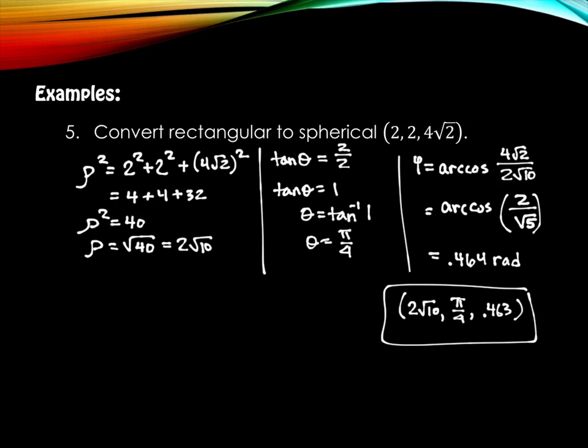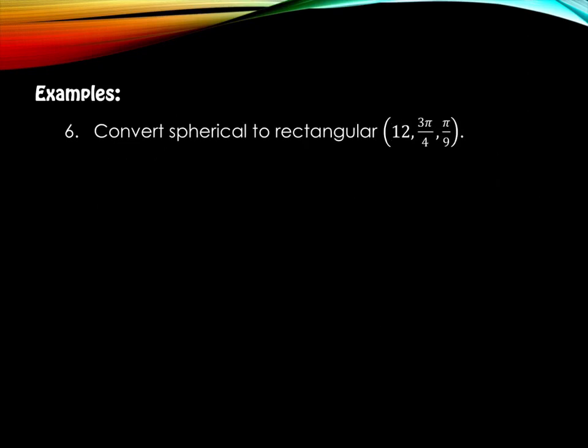Spherical to rectangular. These equations are a bit more awkward to use. They're less like the other ones we've seen. So we have spherical 12, 3 pi over 4, and pi over 9. So my x is equal to rho sine phi cosine theta.